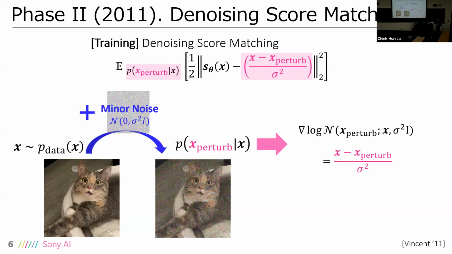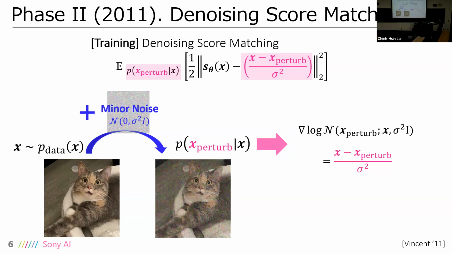We perturb slightly on top of the data, and then match the slightly perturbed score. And if the perturbation is small enough, then the newly obtained distribution will be approximately the same as the data. So there's nearly no difference.